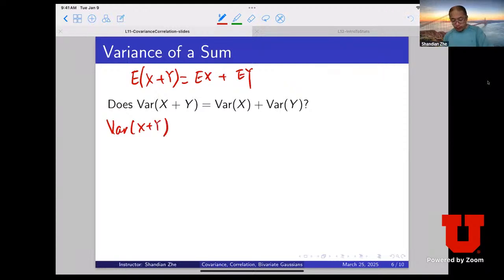We know the variance of any random variable, here X plus Y is a random variable, is the expectation of the square of this random variable, subtracted by the square of the expectation of this random variable, right? So here the random variable is just X plus Y.